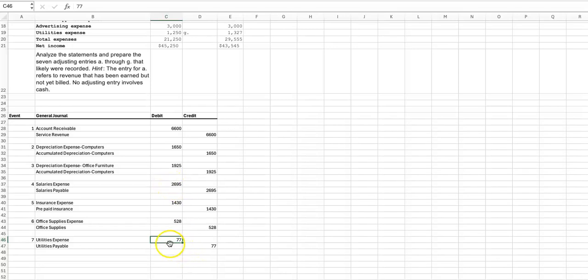So that utilities expense still needs to get recorded, but once they pay with cash, or however they do it, that decreases the payable, which keeps the accounting equation equal. Because as of right now, that payable and that expense kind of cancel each other out essentially, but with that expense and then with that cash, it comes in.